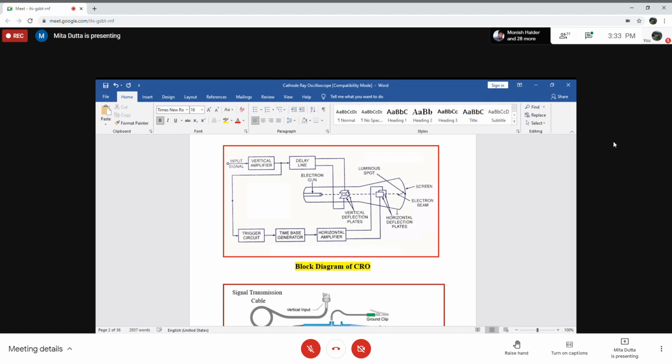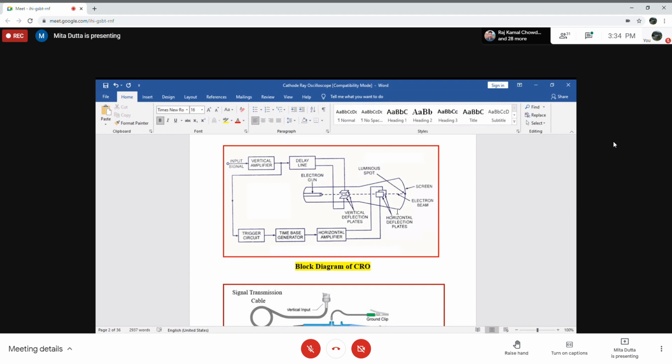The oscilloscope displays the amplitude versus time curve of a signal. The horizontal voltage, which is the voltage of the time-base generator, moves the spot horizontally across the screen.